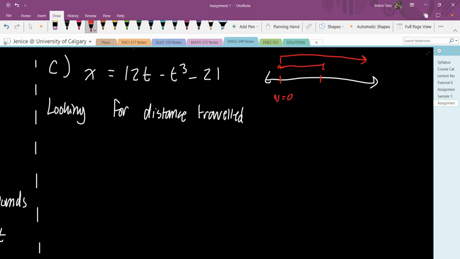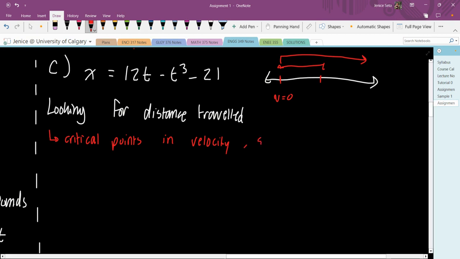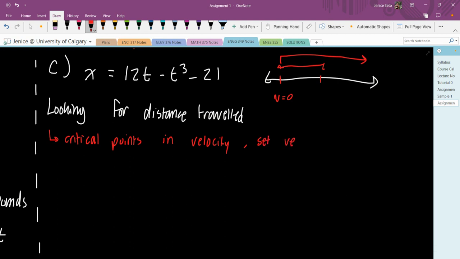So because of this principle, we are looking for critical points in velocity. That's going to mark when we see changes. So to account for those critical points in velocity, we need to set velocity equal to 0.